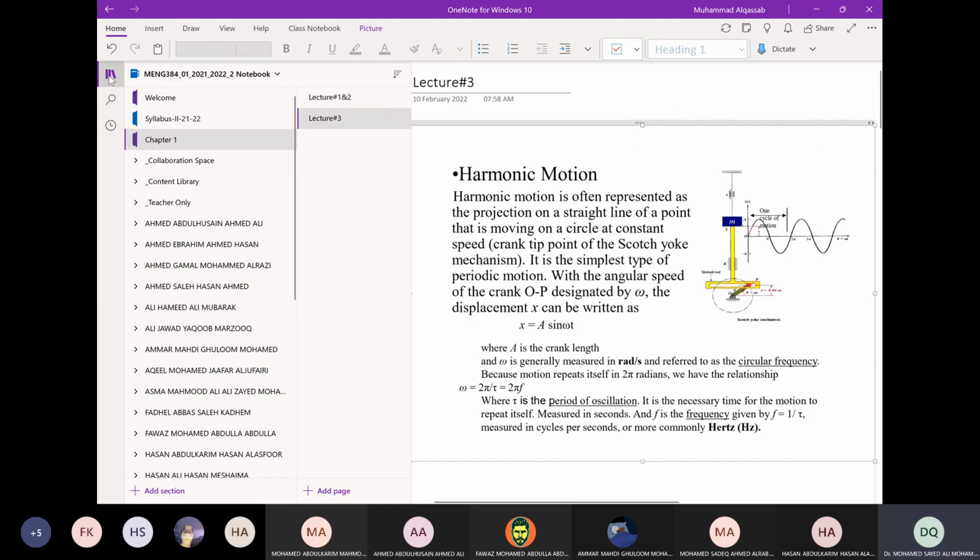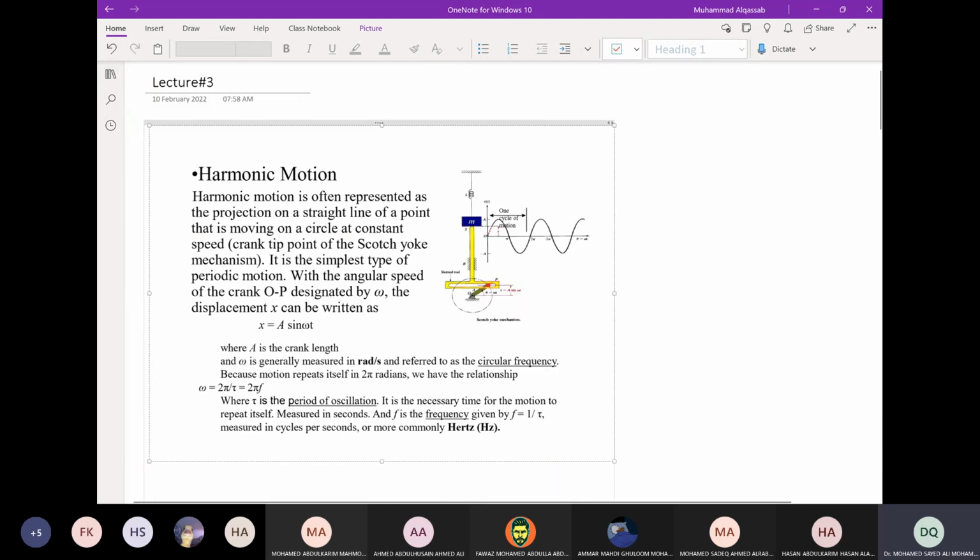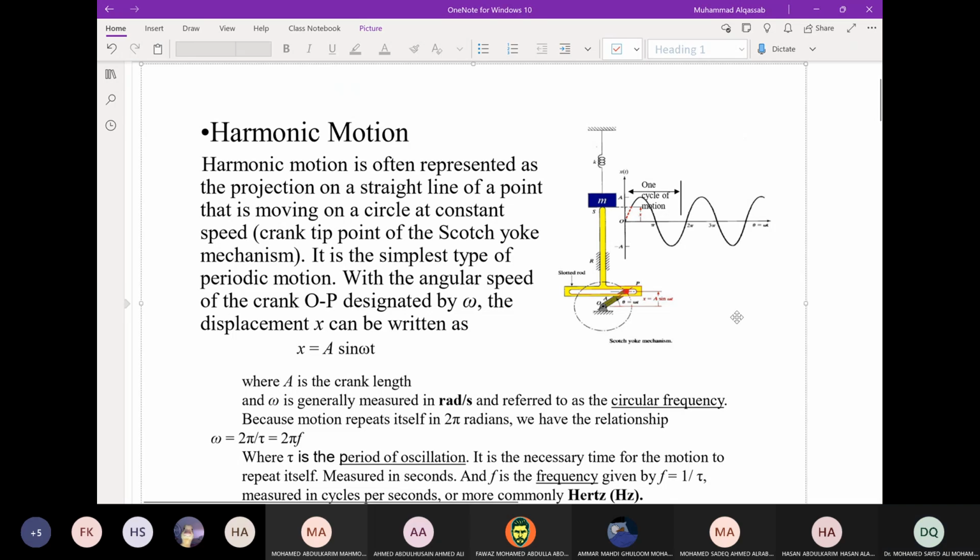Okay, so as we said, vibration is about motion that is oscillatory or periodic. Here we will talk about harmonic motion in detail.